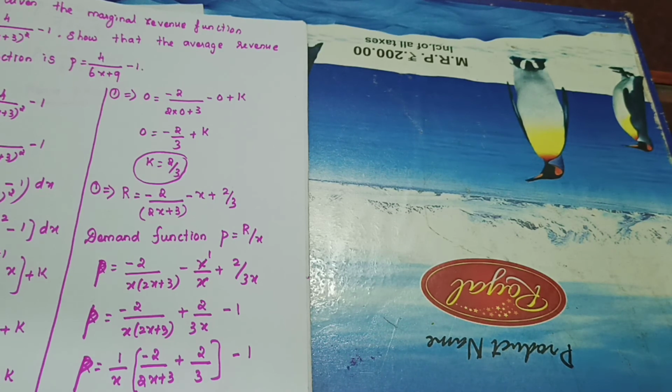Then the fourth formula, page number 67, it is the demand function, P is equal to R by x, as well as the revenue function, one formula is there. Then next one, page number 68, to find the maximum profit, one formula is there. Then page number 70, inventory, the formula is there, C1 into... Then same page, consumption of natural resource, one formula is there, P naught e power kt.